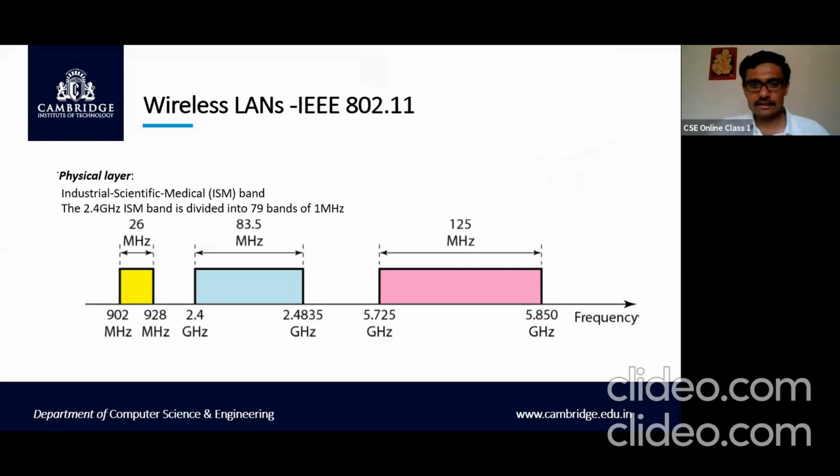Now the physical layer. It uses the industrial scientific ISM band. The operating range is from 902 megahertz to 5.8 gigahertz, so different bands can be used. It is a frequency band, I mean the carrier frequency which is used for the transmission.